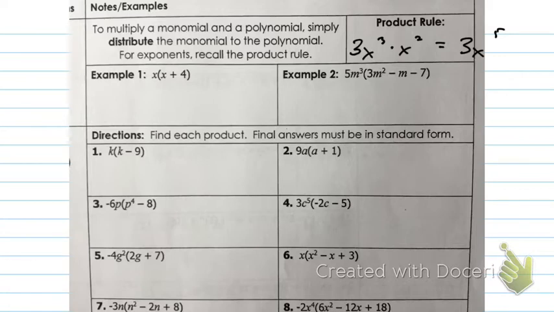So as you see in example 1, we have a linear monomial times a linear binomial, and I can do the distributive property here. What's x times x? X squared. And then x times 4? It's 4x. So again, no new skills here, actually.